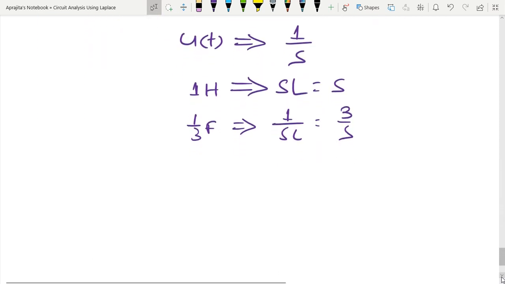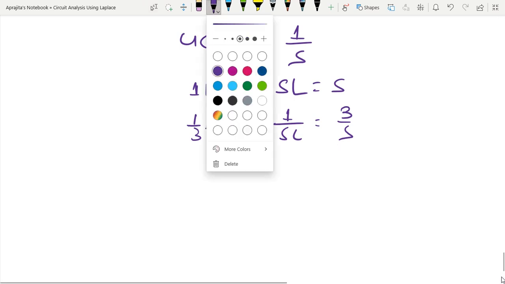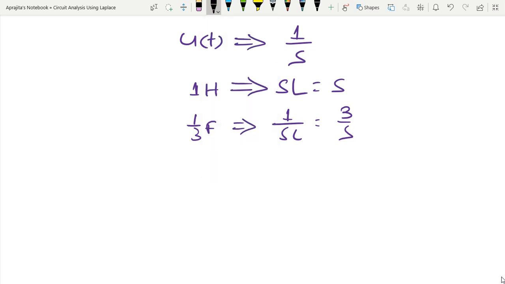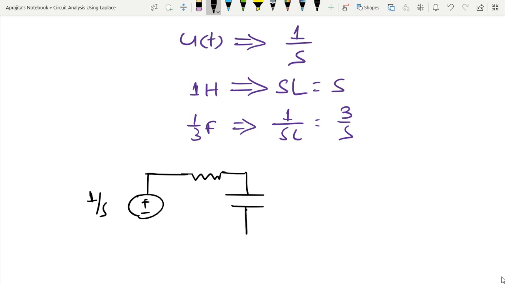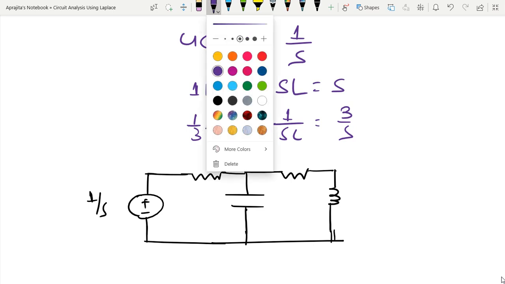After that I just have to draw the circuit in S domain. So I am going to redraw the circuit in S domain. Now I have again this voltage source, and there is no effect on the resistances, so they remain as they are.